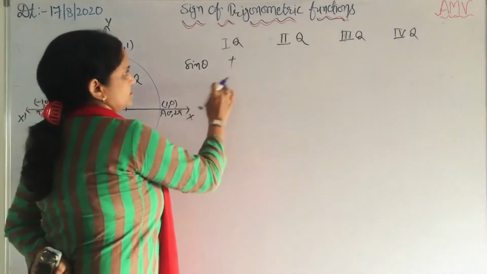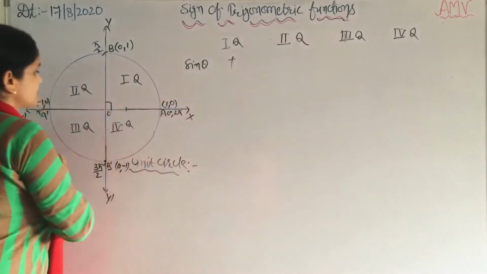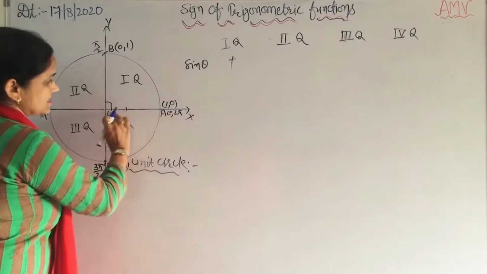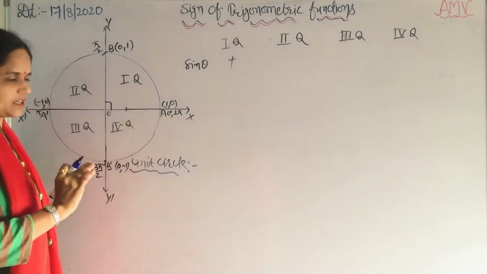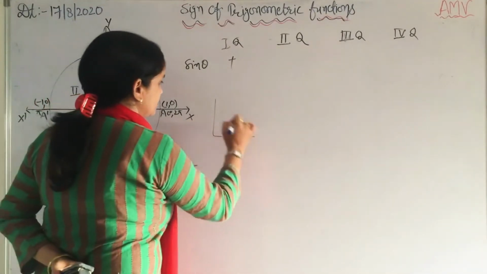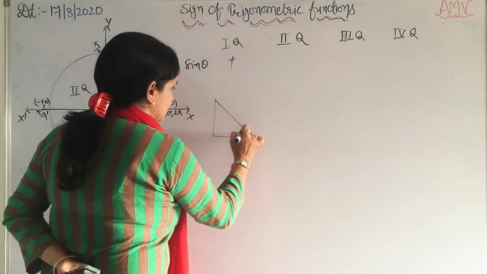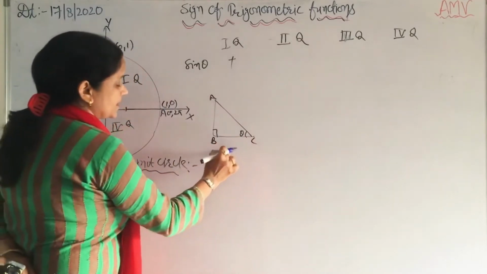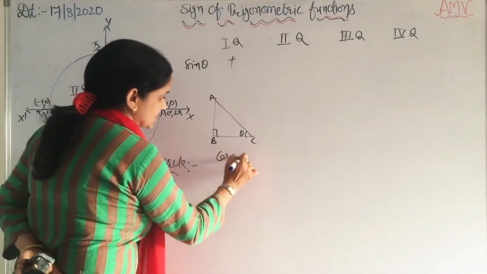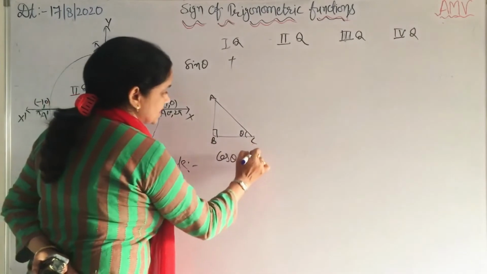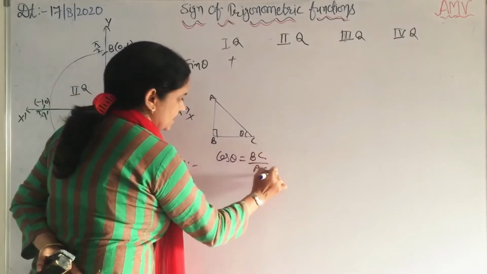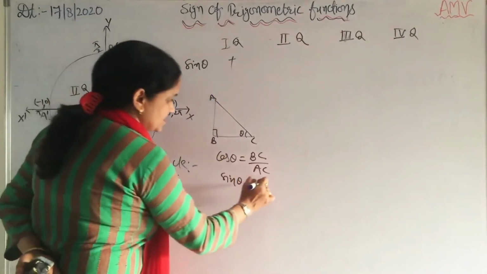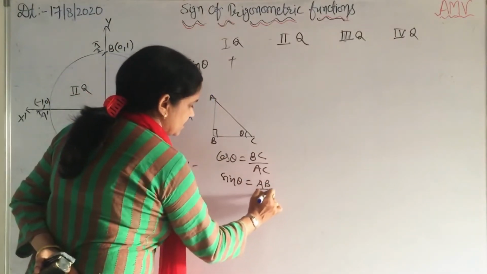In the second quadrant, now see this unit circle. This x-axis represents the cos theta. Why? You know that according to this triangle, cos theta is BC by AC, and sine theta is AB by AC.